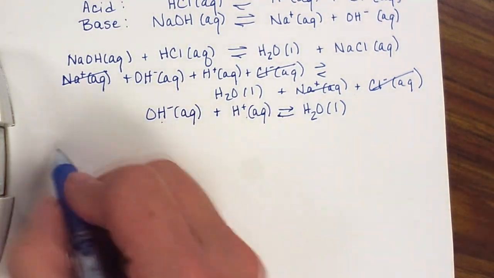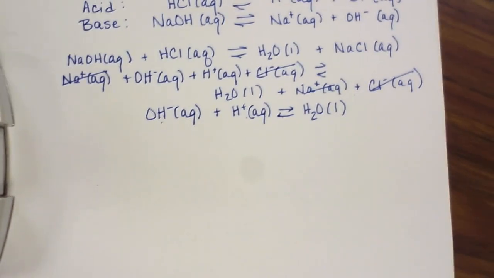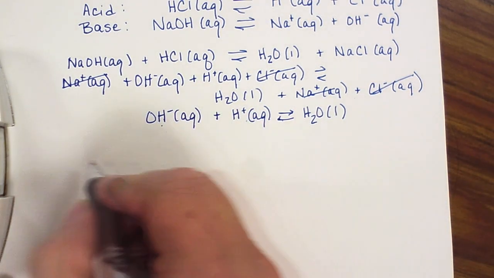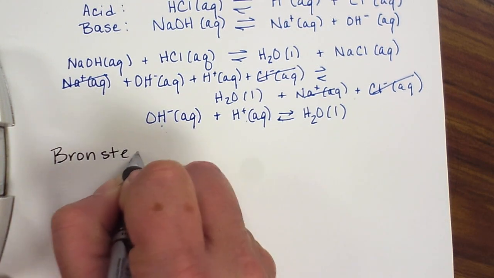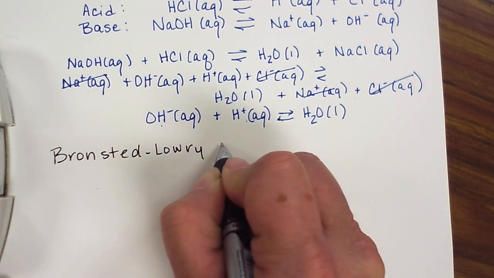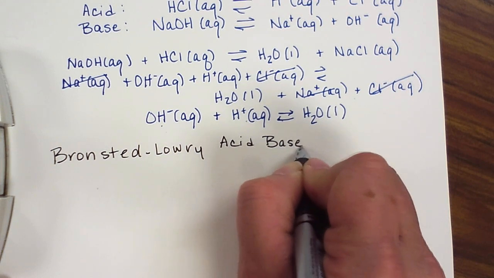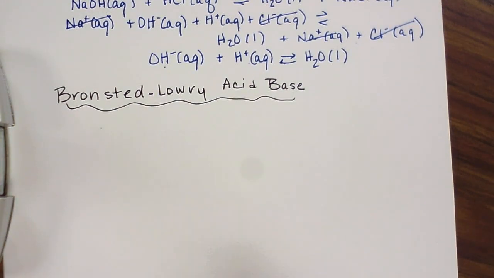Okay, next, we're going to take a look at the Bronsted-Lowry acids and bases. So alphabetically, we're getting more complicated. So the Arrhenius acids and bases are super easy, H plus, OH minus.